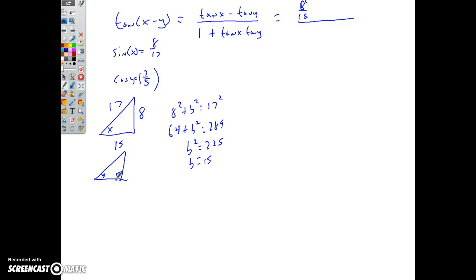For y, my adjacent's 3, my hypotenuse is 5. Therefore, my opposite is... 3, 4, 5 triangle, right? 4. Or I can do Pythagoras if I really want to waste some time. So that's 4/3, right? So 8/15 minus 4/3 over 1 plus 8/15 times 4/3.